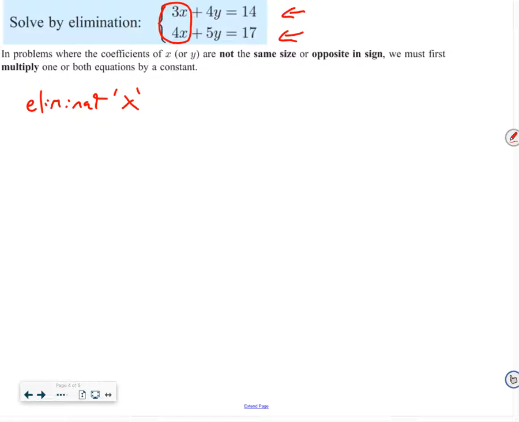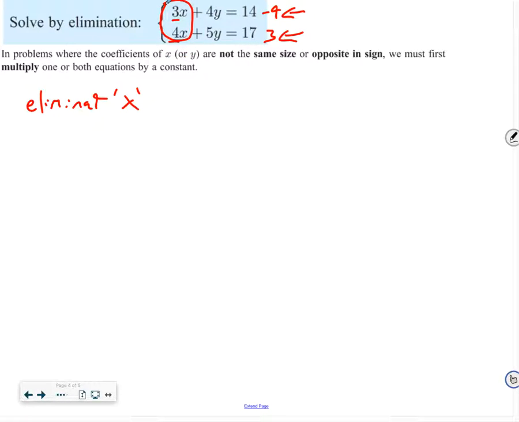So what I'm going to do is I'm going to multiply the top by negative 4, so the coefficient here, but change the sign. I'm going to multiply the bottom one here by 3, which is the coefficient in front of my x. Okay, so by doing so, and I've got to multiply it through the entire equation.